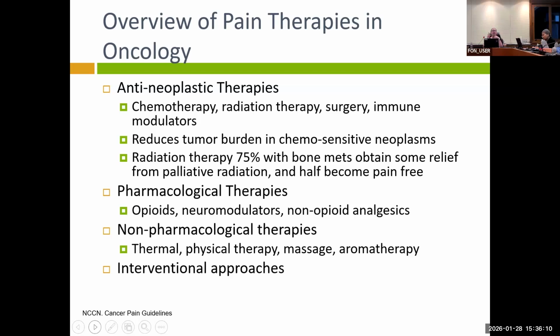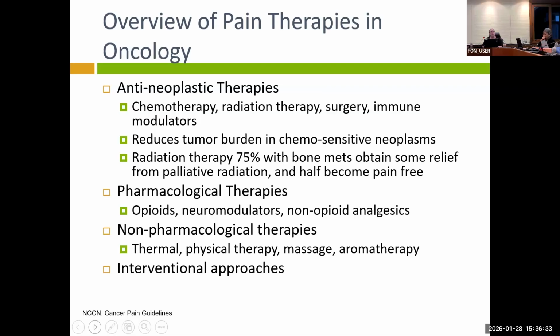So that's number one. Number two, we want to look at pharmacological therapies, and this is often opioids, but we also want to do non-opioids, analgesics, and neuromodulators. Number three, non-pharmacological therapies.